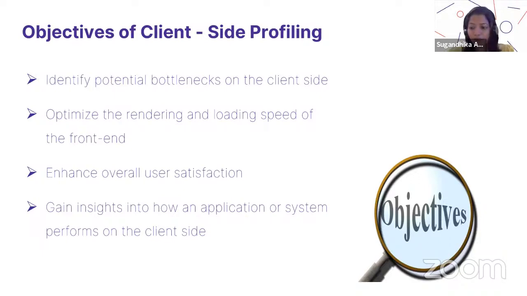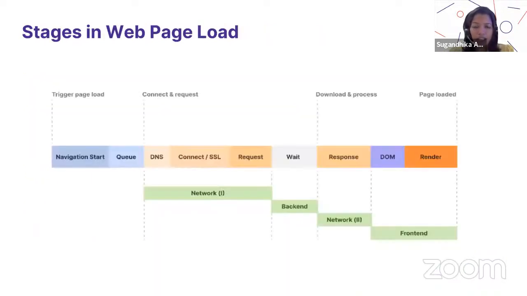First I would like to start with the stages in web page load. This is where we could start, and I think it's interesting for you to know. So here's a simplified view of what happens when someone opens your website, right?